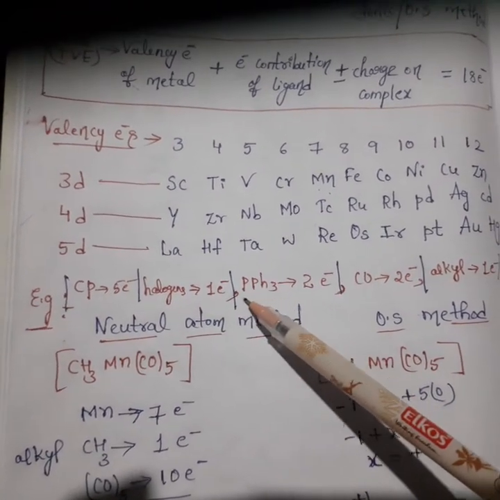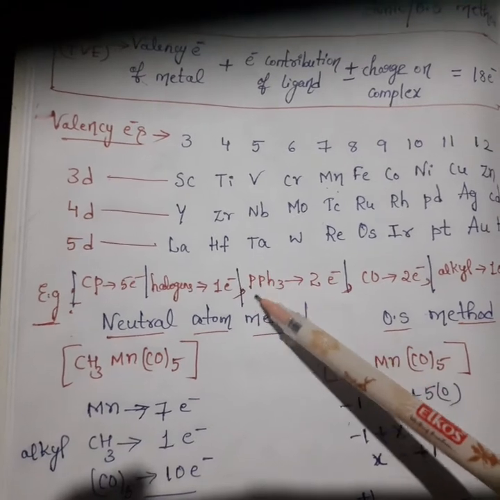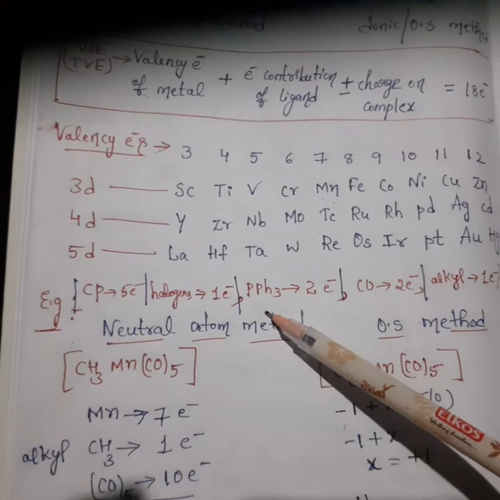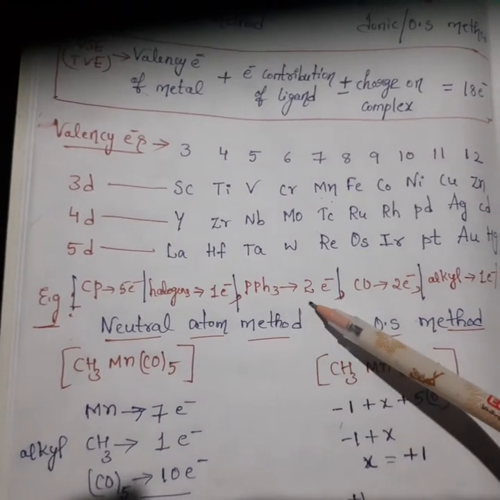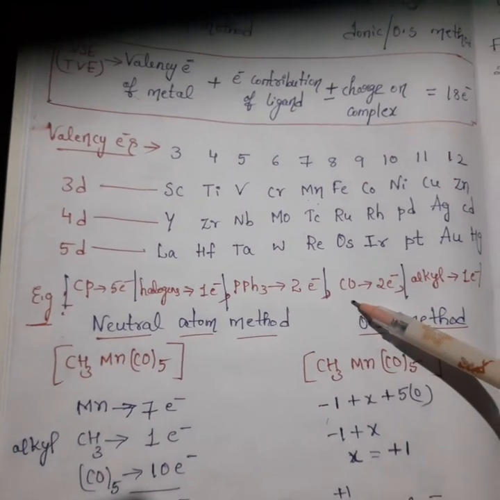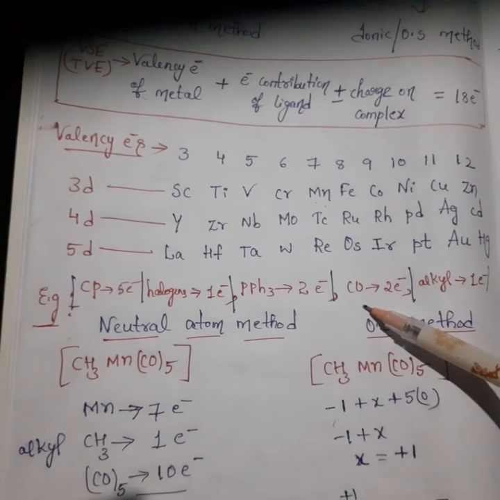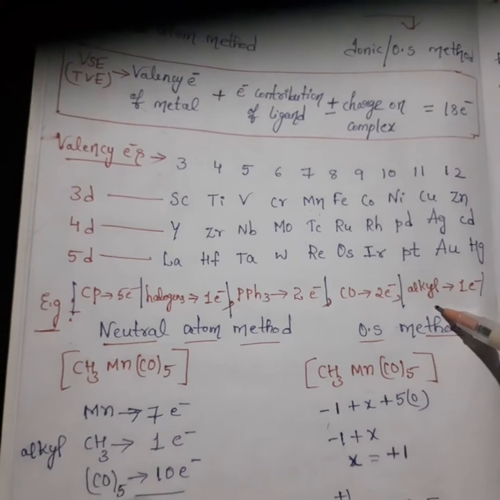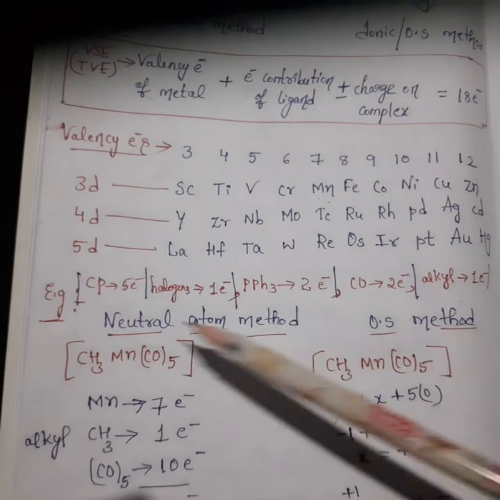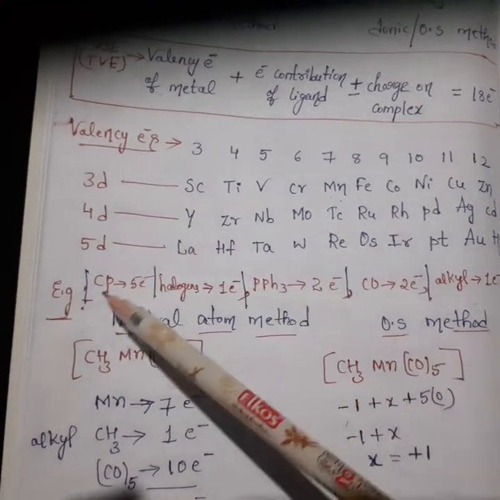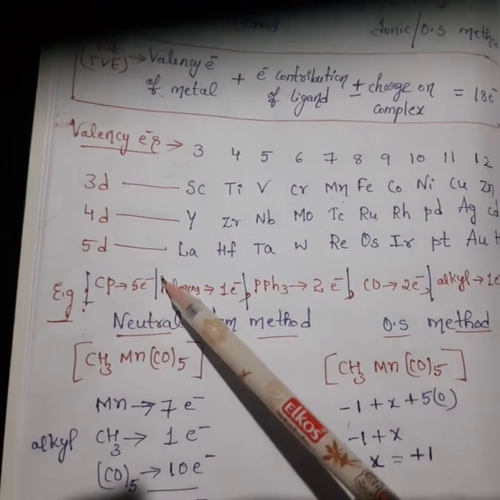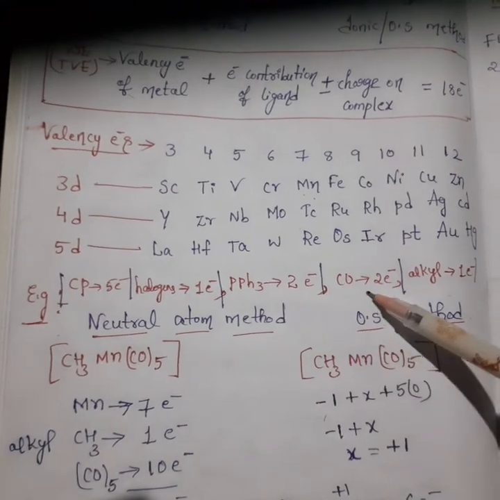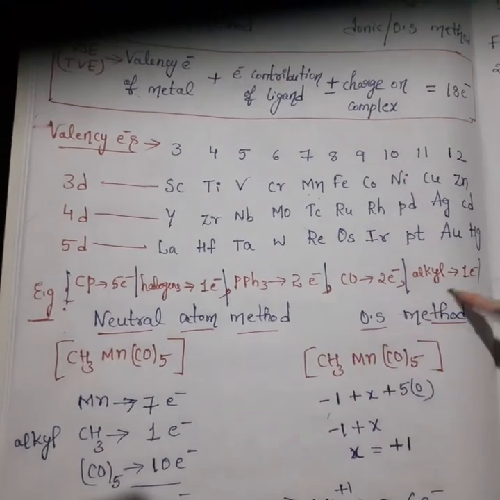Phosphines are the phosphorus containing compounds, and the electron contribution by phosphines is 2 electrons. Next, carbonyl: the electron contribution by a single carbonyl is 2 electrons. And alkyl: the electron contribution by alkyl is 1 electron. We should remember this. Once again, Cp means 5 electrons, halogens 1 electron, phosphine groups 2 electrons, carbonyl 2 electrons, alkyl 1 electron.